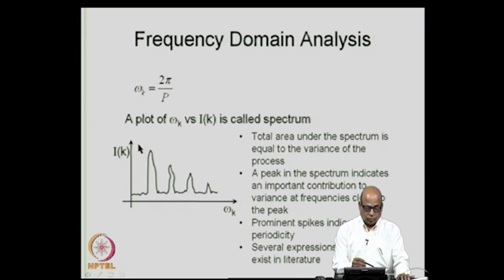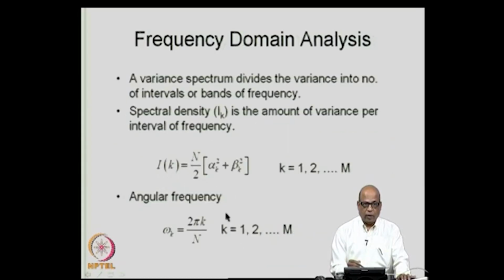With p given by n by k, we have omega k is equal to 2 pi by p, where p is the periodicity. Now, we plot omega k versus I k. Omega k is determined by 2 pi k by n and I k is determined by this expression.